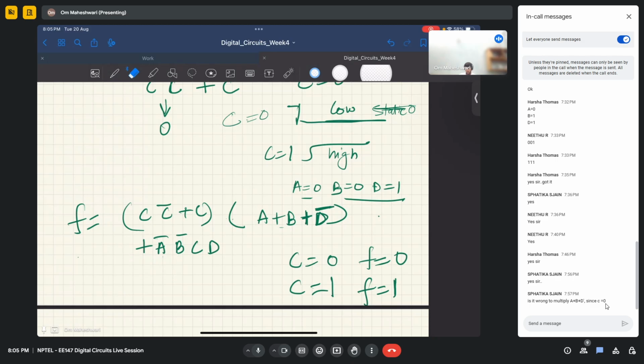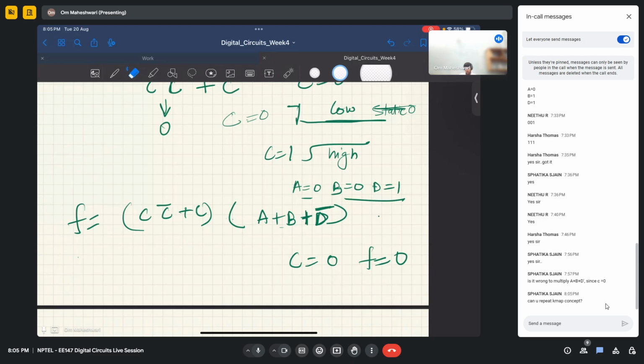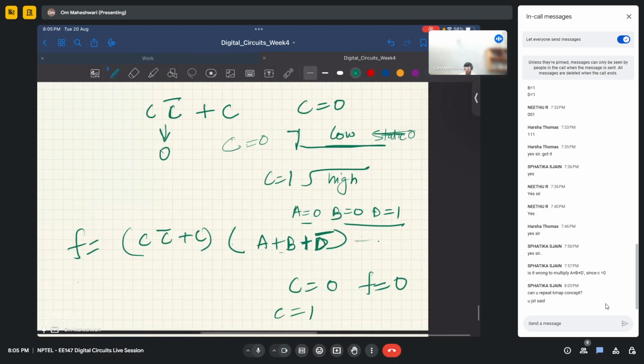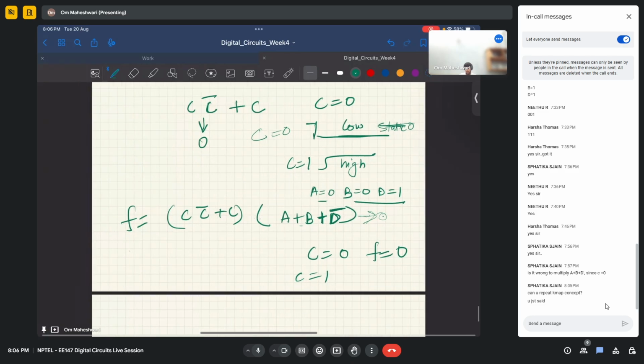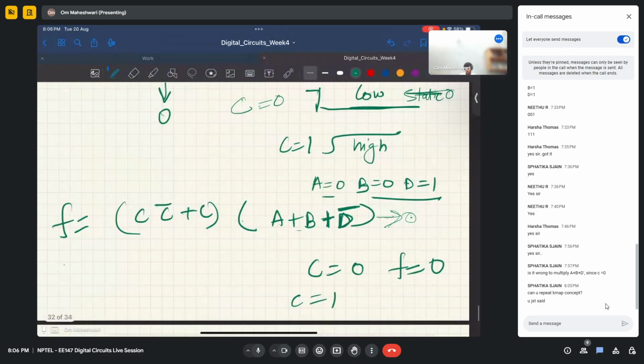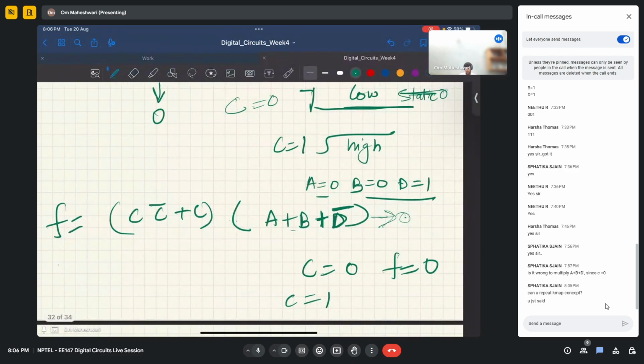Okay, so if I remove this, then if I see if C equals 1, then what will happen? And C equals 1, this will go to 0. We will still get F equals 0.